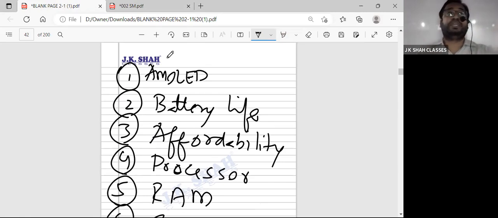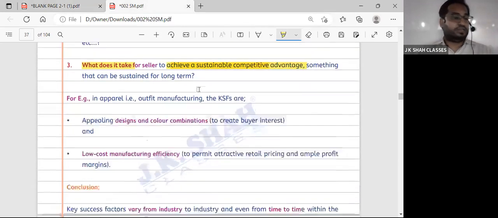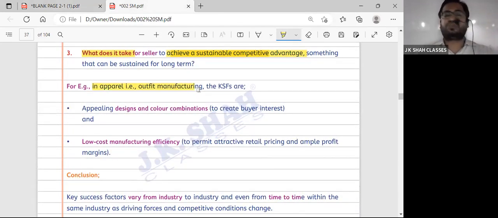Will the customer like this? If they will like it, I will make it. If they don't like it, why waste money? This is the same example which I just said: for apparel business, designs and color combination along with low cost.